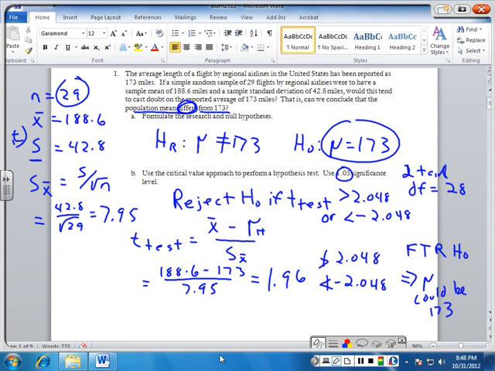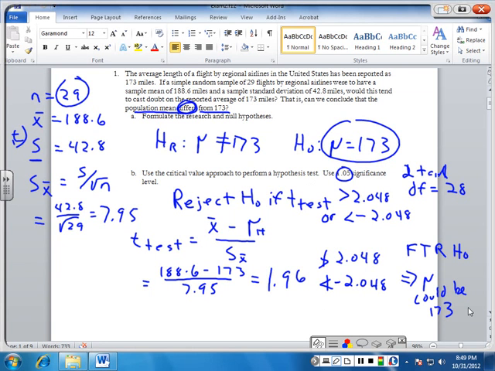The difference that we observed between 188.6 and 173 could be a reflection of sampling error, not indicative of a real difference such that we would conclude that mu is not equal to 173.